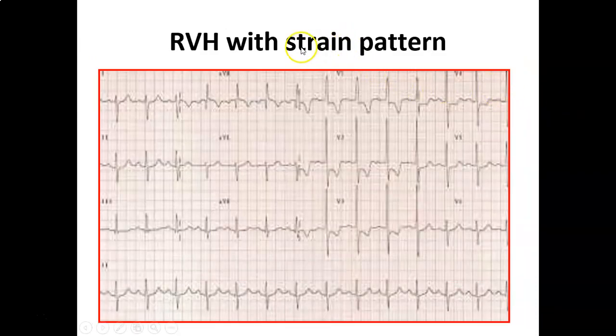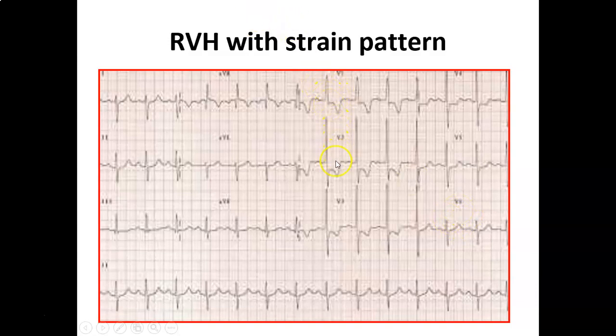Right ventricular hypertrophy may also show the strain pattern. It's a long-standing right ventricular hypertrophy with right-sided diseases. If you see a tall R wave in V1 and V2 with a deep S wave in V6, this is your right ventricular hypertrophy.